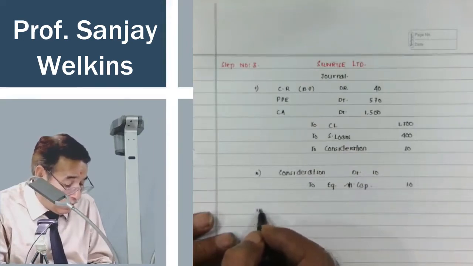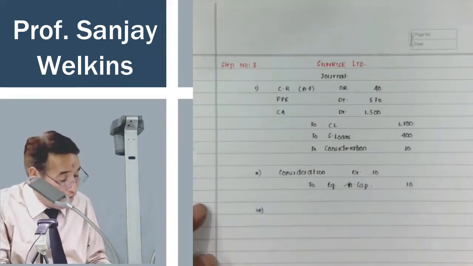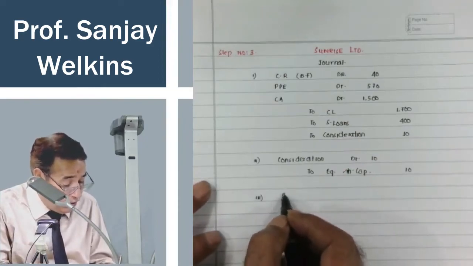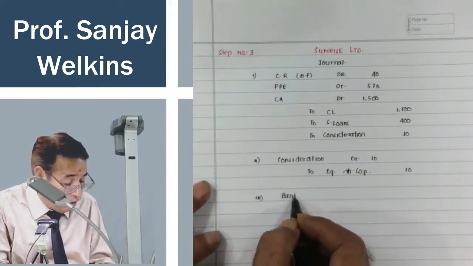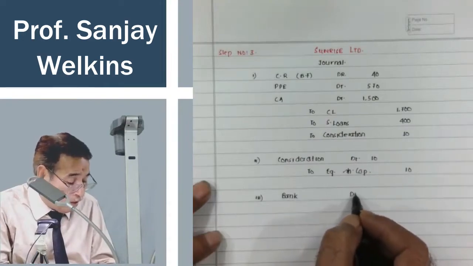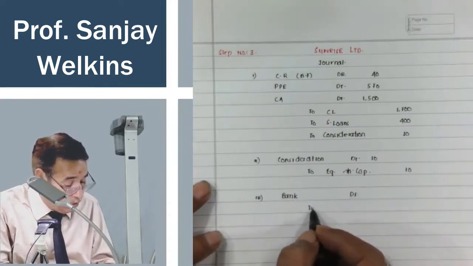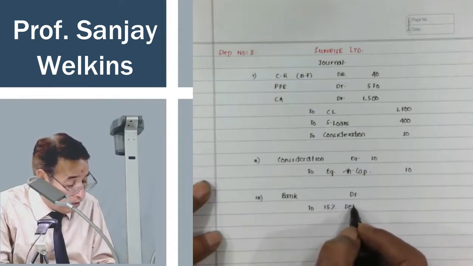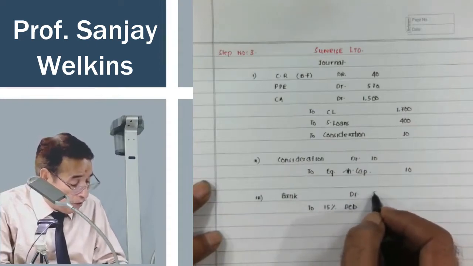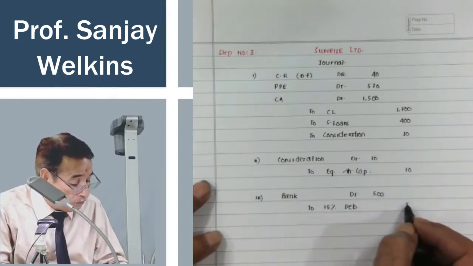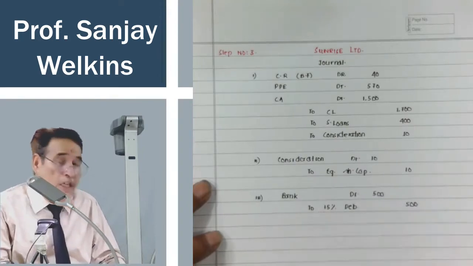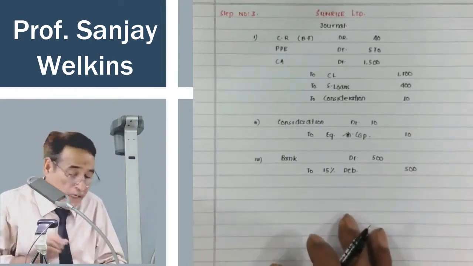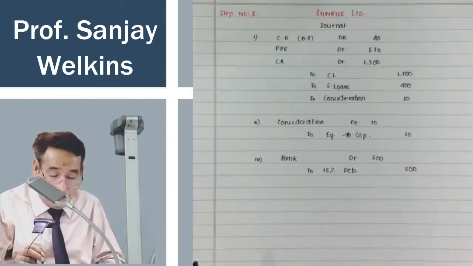Don't forget that they have made an issue of 15% debentures, correct? That was the point I was talking about earlier. So when they make an issue of convertible debentures, you will write the entry to 15% debenture account or convertible debenture account, 500 crore. So this is how the entries will be passed in the books of Sunrise Limited, correct?